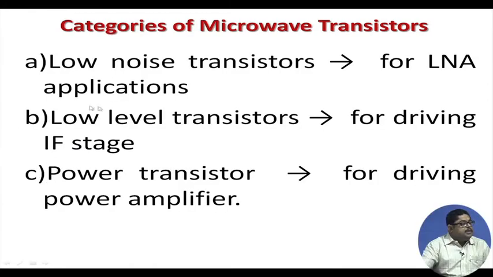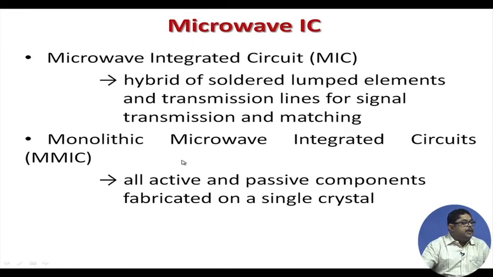Categories of microwave transistors: if you want low noise transistors for LNA, you can use them. Then low level transistors for driving the IF stage, and power transistors for driving a power amplifier.